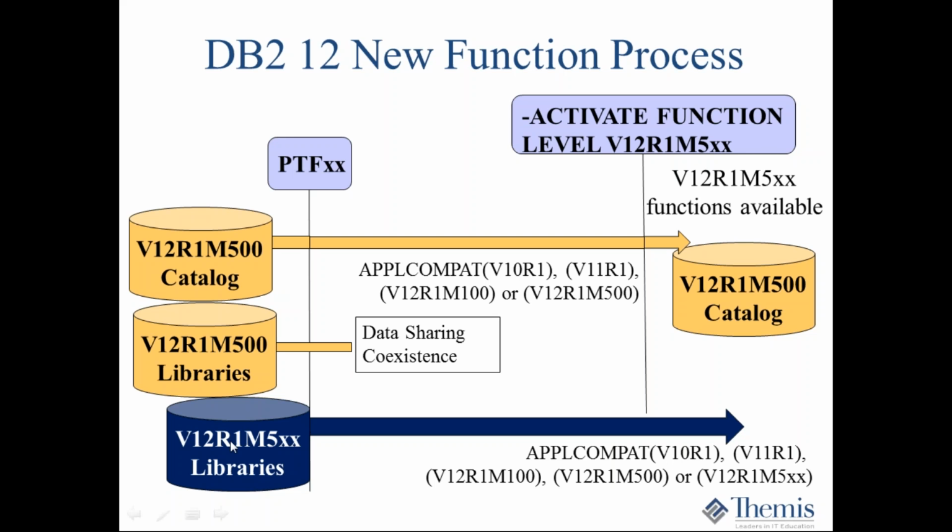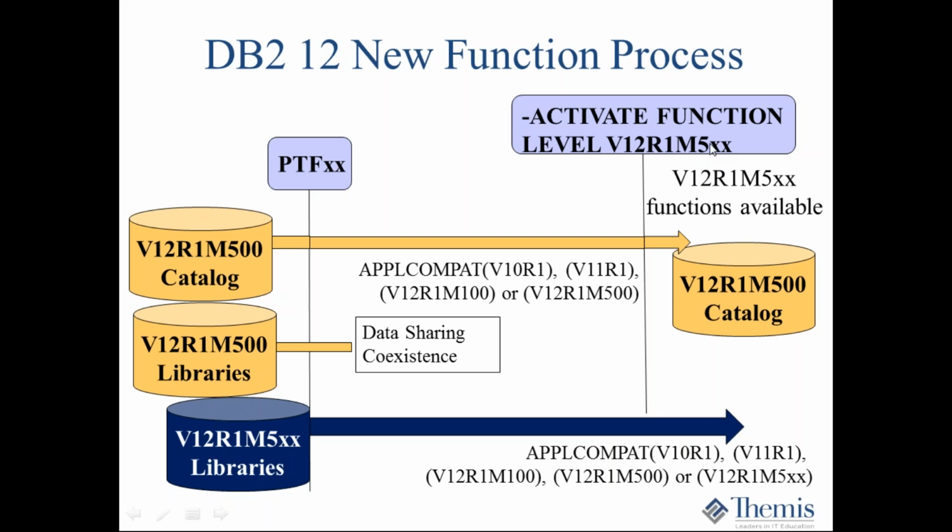But the libraries are at modification XX. Now I want to recycle my members, so we're all at code level XX. And when I'm ready to implement those new features, I can activate modification 500.